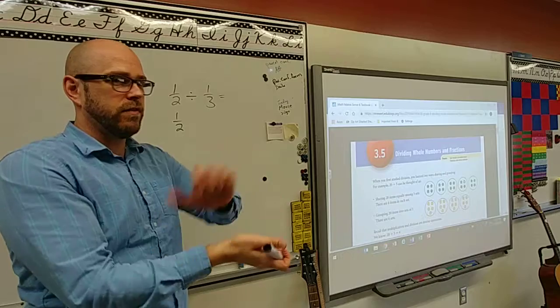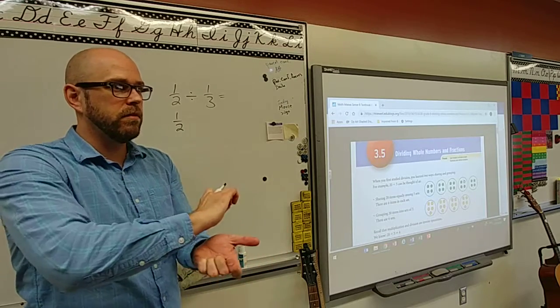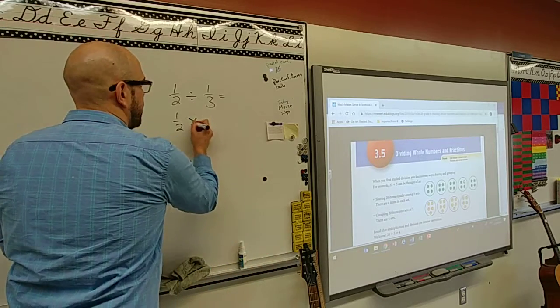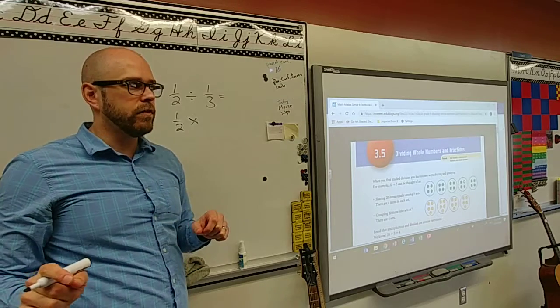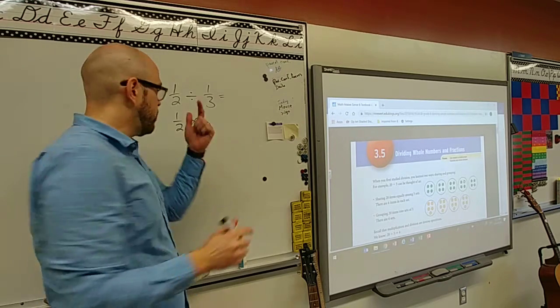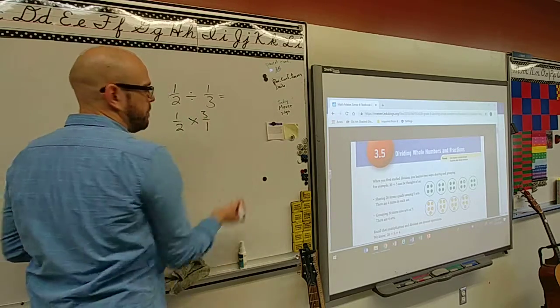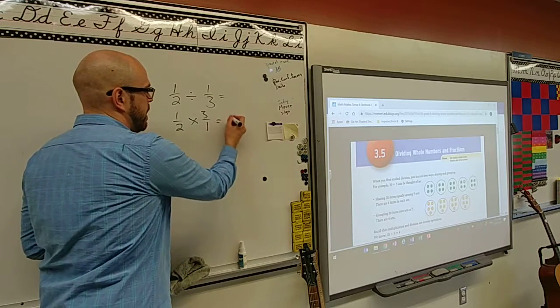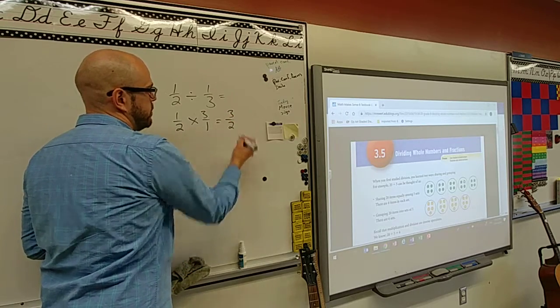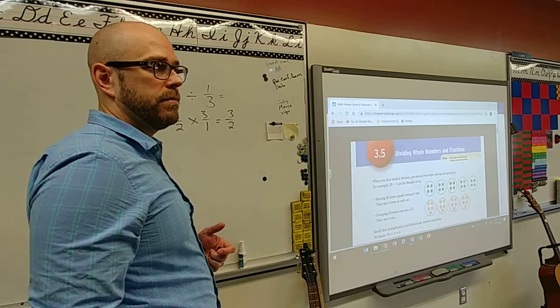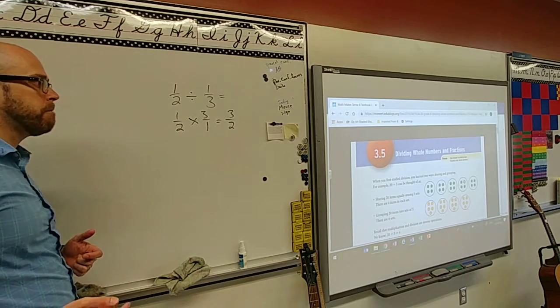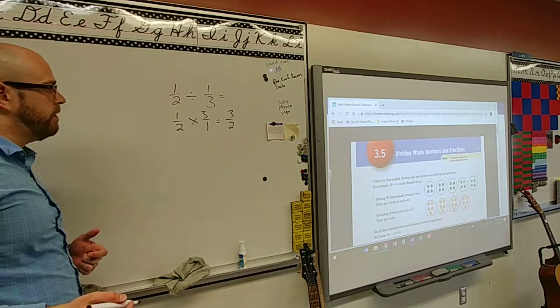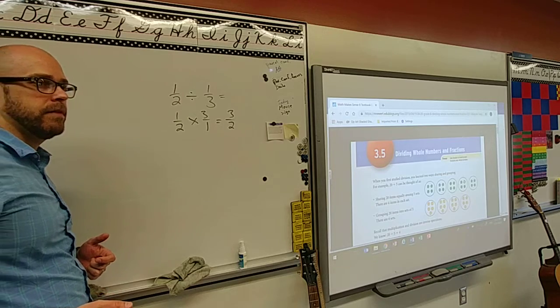What's the opposite of division? What's a flip? Times. Got it. And what's the opposite of 1 over 3? 3 over 1. Once we flip, then we just multiply, and we got 3 over 2. And there we have it. Just like that.